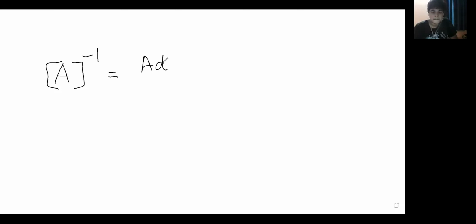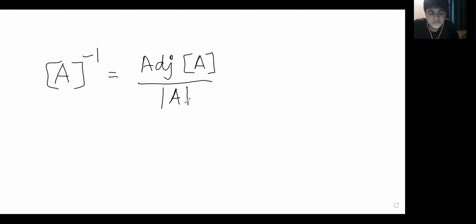Then we find matrix A inverse. It is adjoint of matrix A divided by the determinant of matrix A. So that means you got the adjoint of matrix A, divide by the determinant what you have calculated.